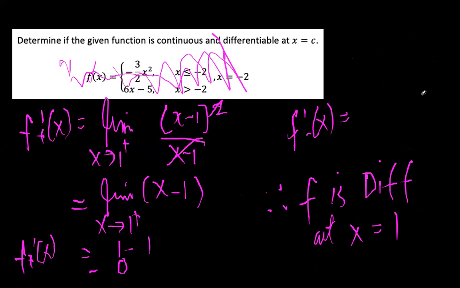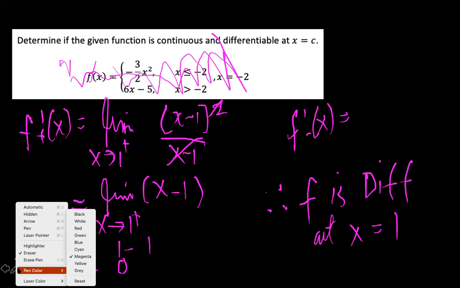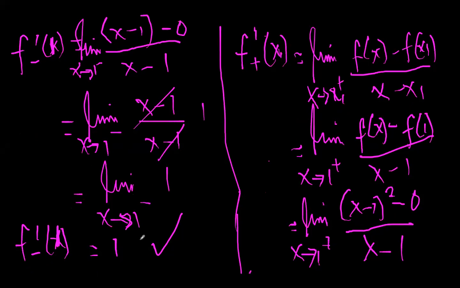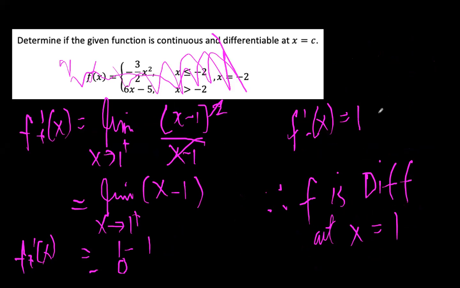Okay, so let's recheck that. Here we go. The f prime of x from the left is equal to 1. Okay, let's verify. Yeah, it's equal to 1. Sorry for that. And 1 is not equal to 0, which is equal to f prime of x from the right.